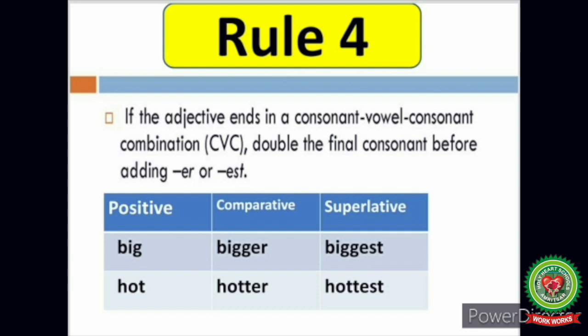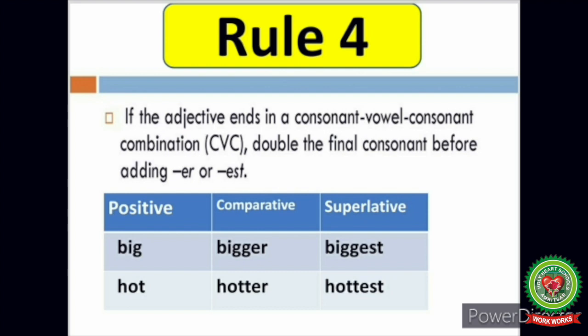You have to double the final consonant, that is G, and we will add ER in comparative degree. It will become bigger, and for superlative degree also, we have to double G and add EST and it will become biggest. So, big, bigger, biggest.